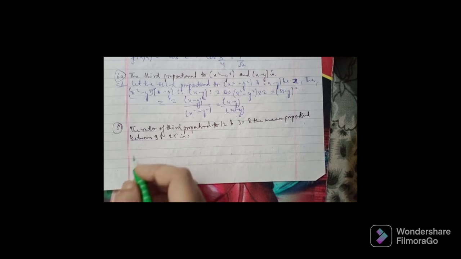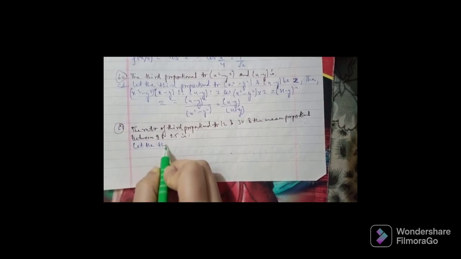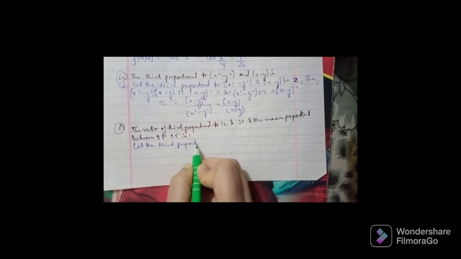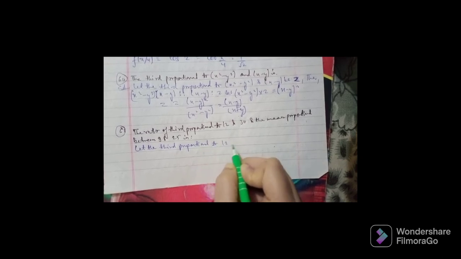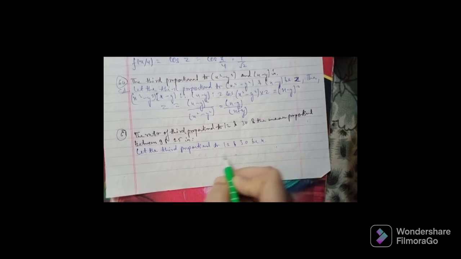Let the third proportional to 12 and 30 be x.